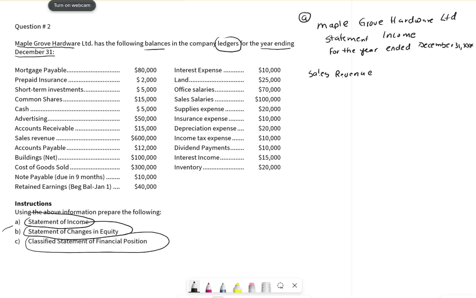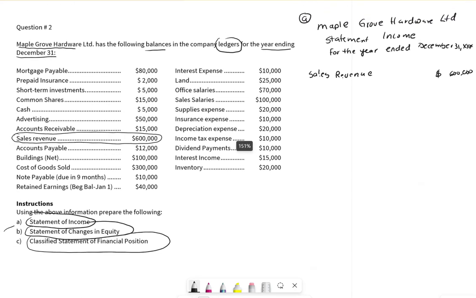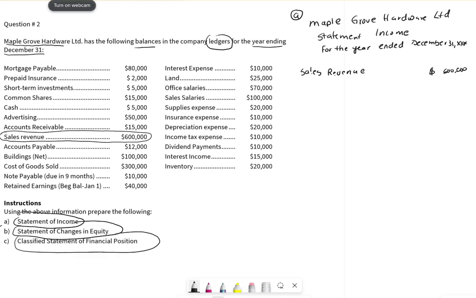You look at all your revenue, your sales, and that is my 600,000. When you start your first one, you always start with a dollar sign. And if you have more than one sales revenue account, you add it. In this case, we don't have it.